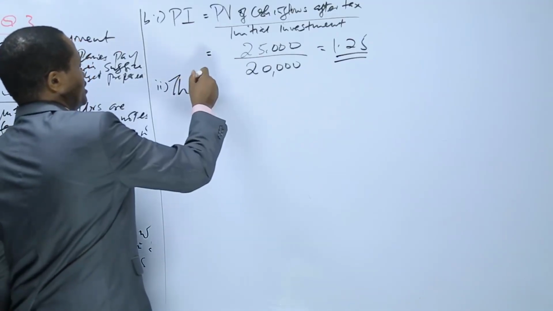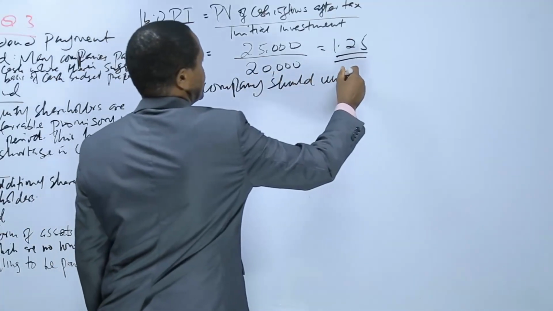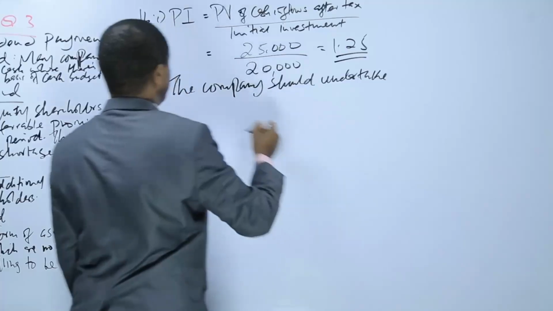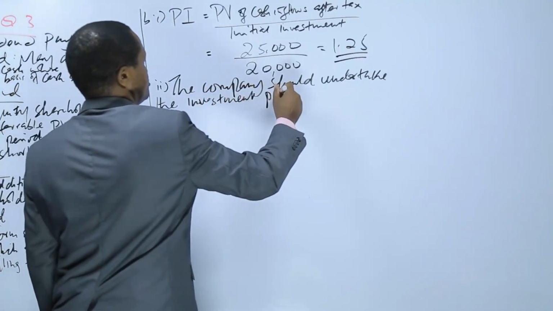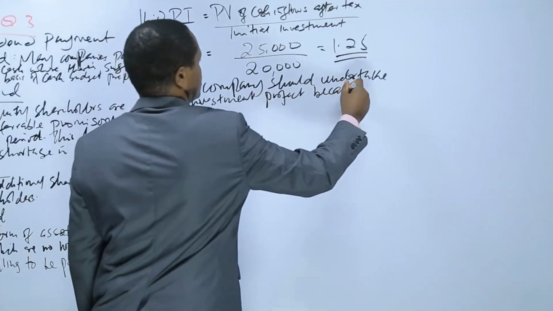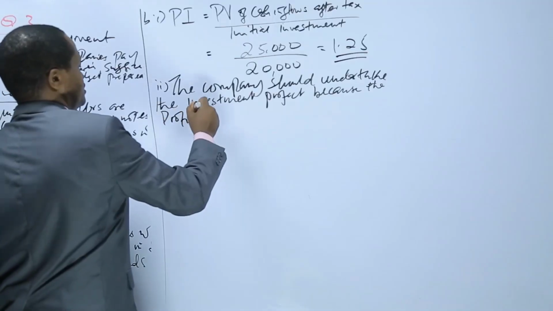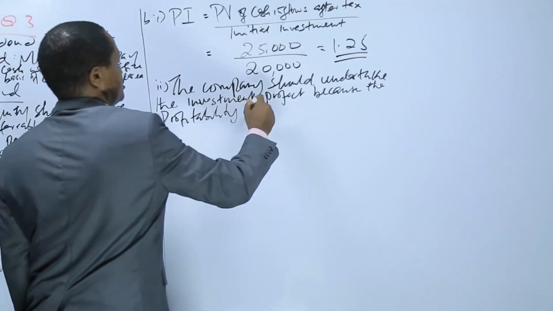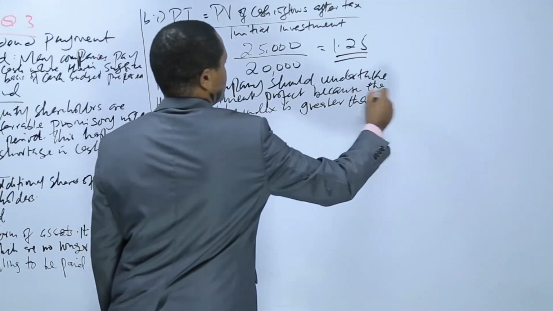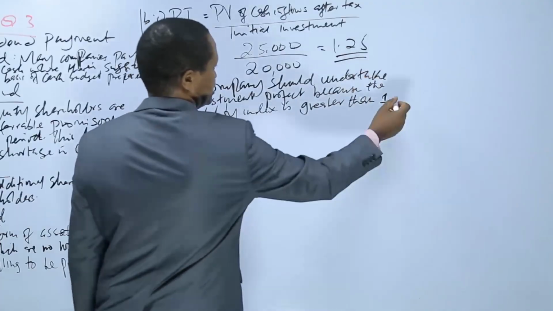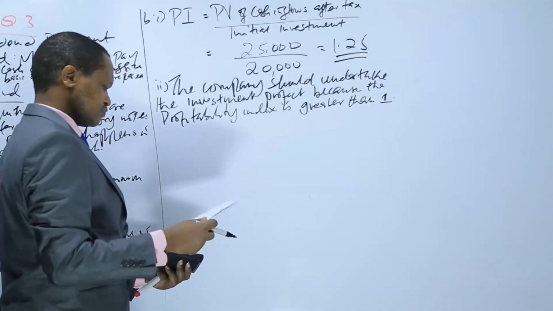So the answer is the company should undertake the investment project because the PI, Profitability Index, is greater than 1. That is the criteria you use. That is Roman number 2.